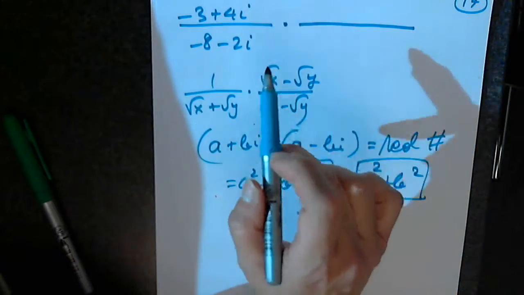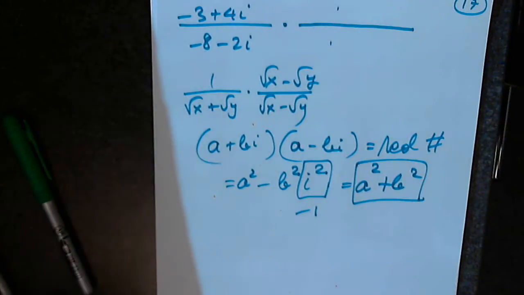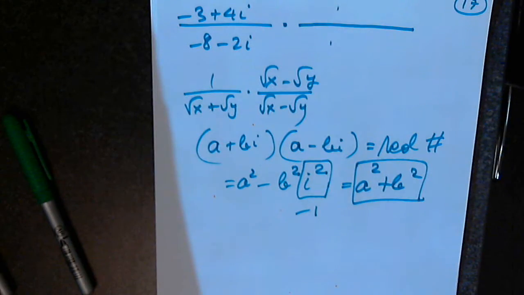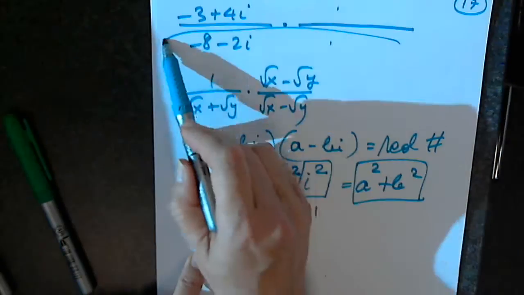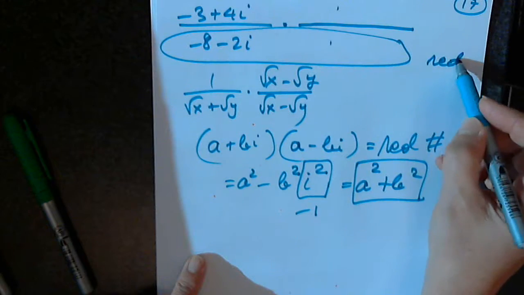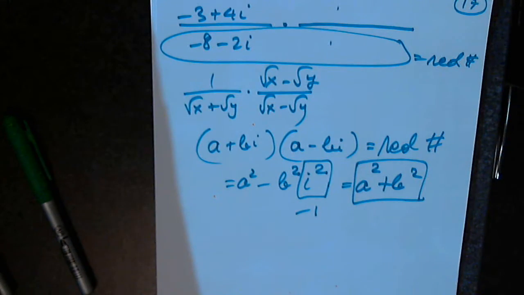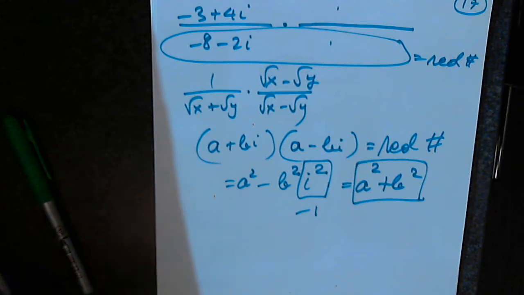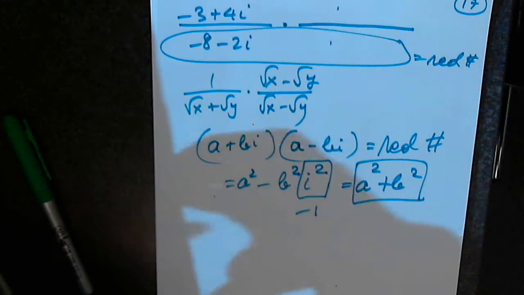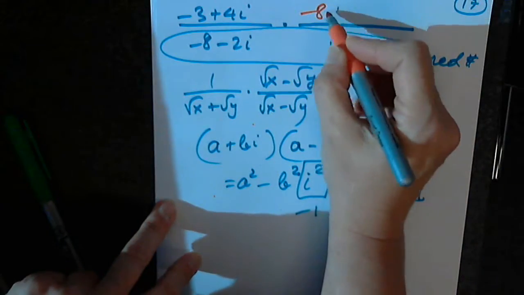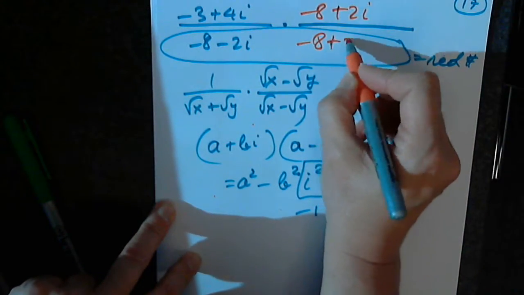So that's the reason why we need to multiply and divide by the conjugate of the denominator, because when I multiply these two, I will get a real number in the denominator. So what is the conjugate of negative 8 minus 2i? Exactly. Negative 8 plus 2i.